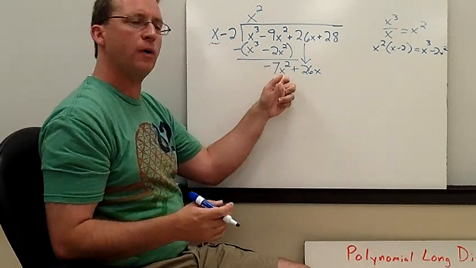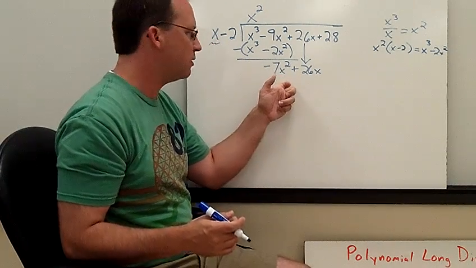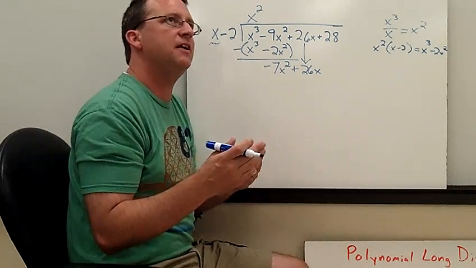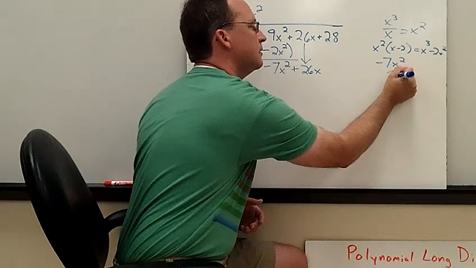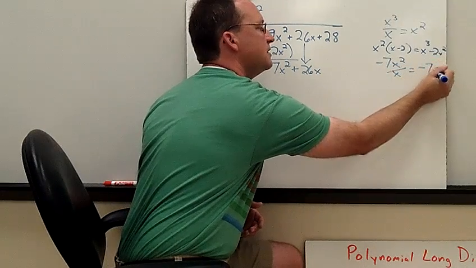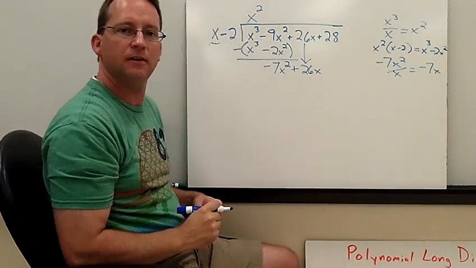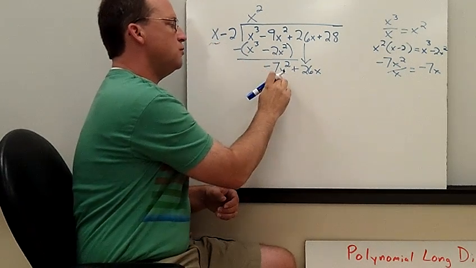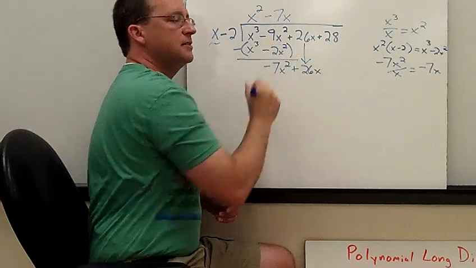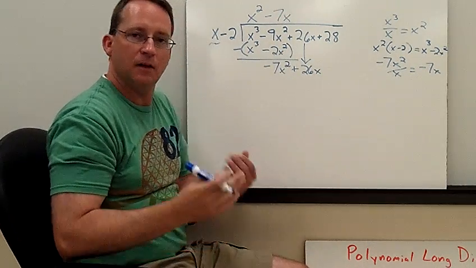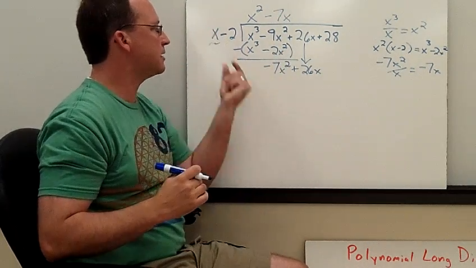Worry about the x going into the negative 7x squared. We think, all right, well, negative 7x squared divided by x, that would be a negative 7x. Right? X will go into negative 7x squared, negative 7x times. All right? Again, division. This divided by x.